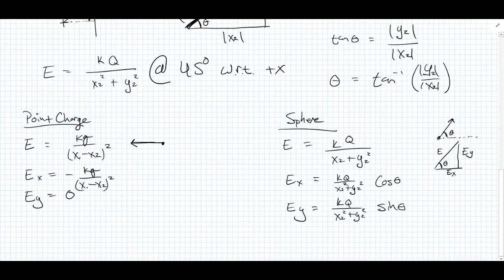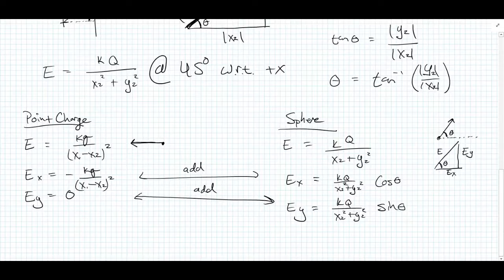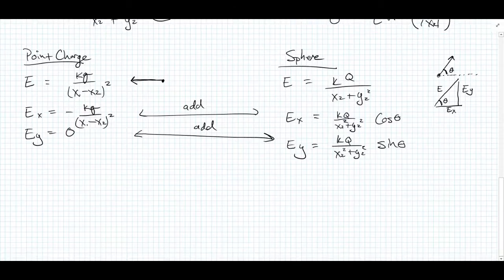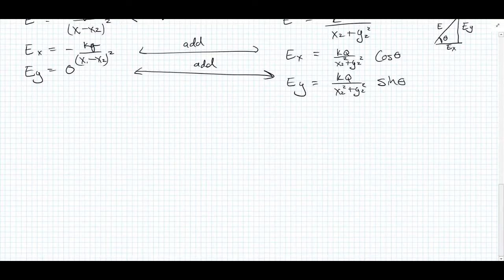So there's the x and the y components for the two fields that we need to add together. And now to add them together, I just add the x components together, and I add the y components together. That'll give me the x and the y components of the net field. Then I'm going to have to figure out what the magnitude of the net field is from those x and y components.